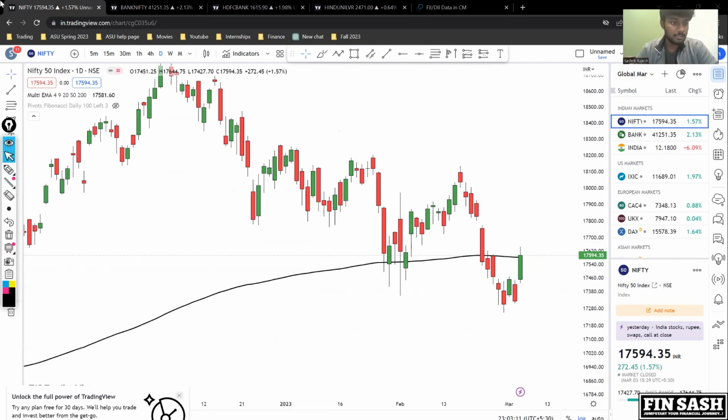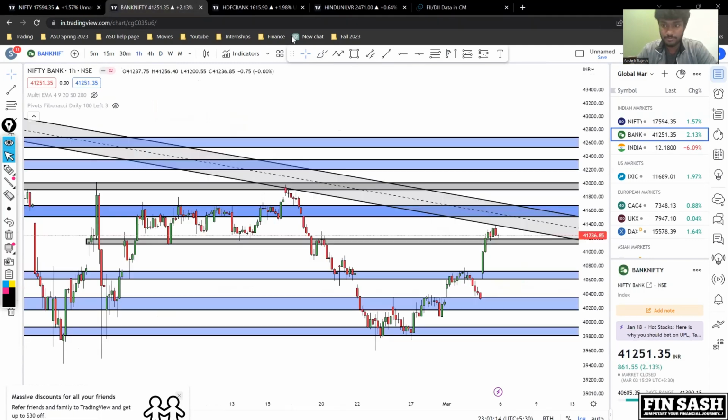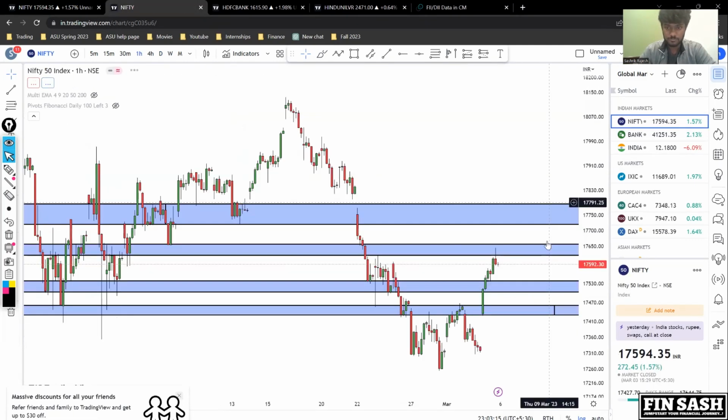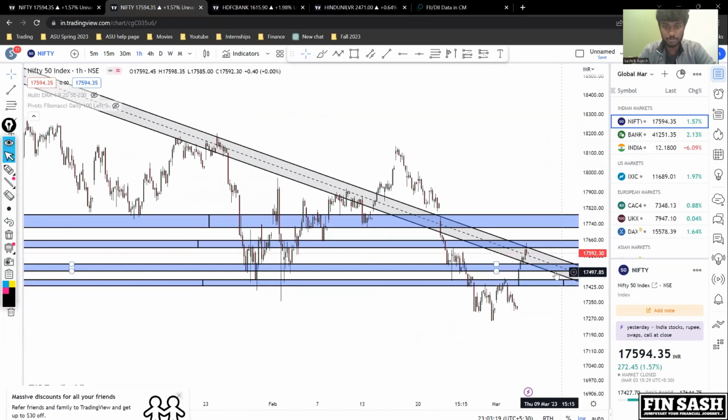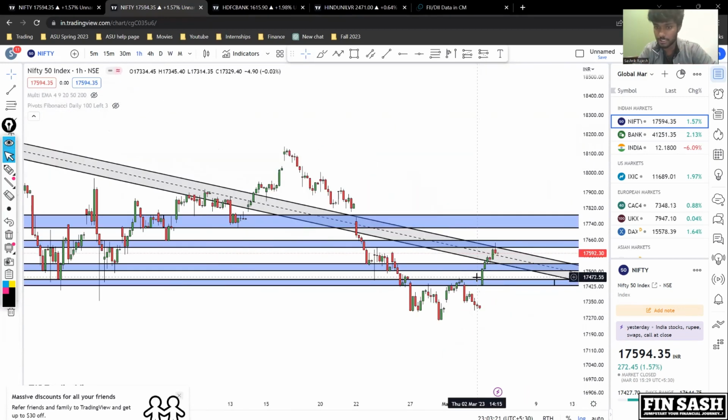All right, let's look into the levels right now. As usual, we are going to plan for both sides, and whichever happens, we're going to take that kind of trade. Like I mentioned in the last market analysis video, Nifty and Bank Nifty are going to have a slight bullish run, which happened.